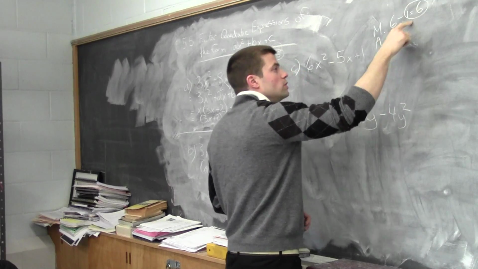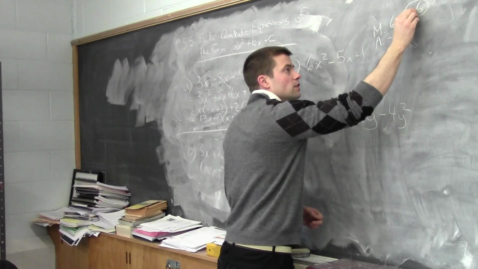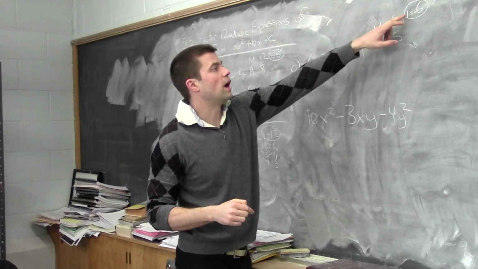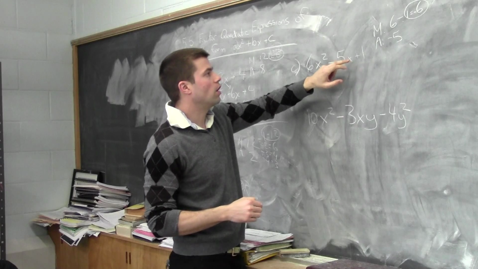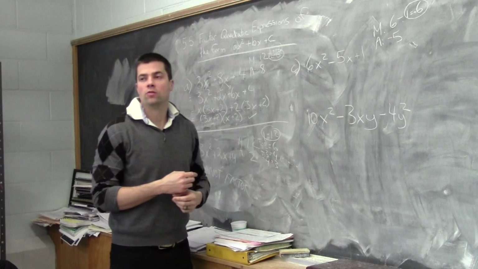Can I somehow use these to make this? Yeah, I can. This has to be negative 6 though, and that positive 1. Those will add to give me negative 5, but they will not multiply to give me positive 6. So I can't use those, can I?